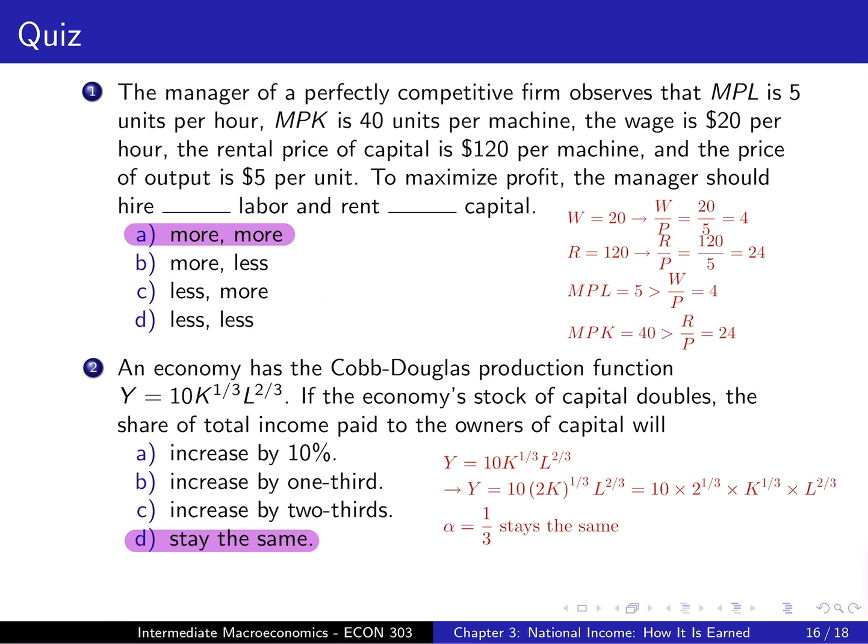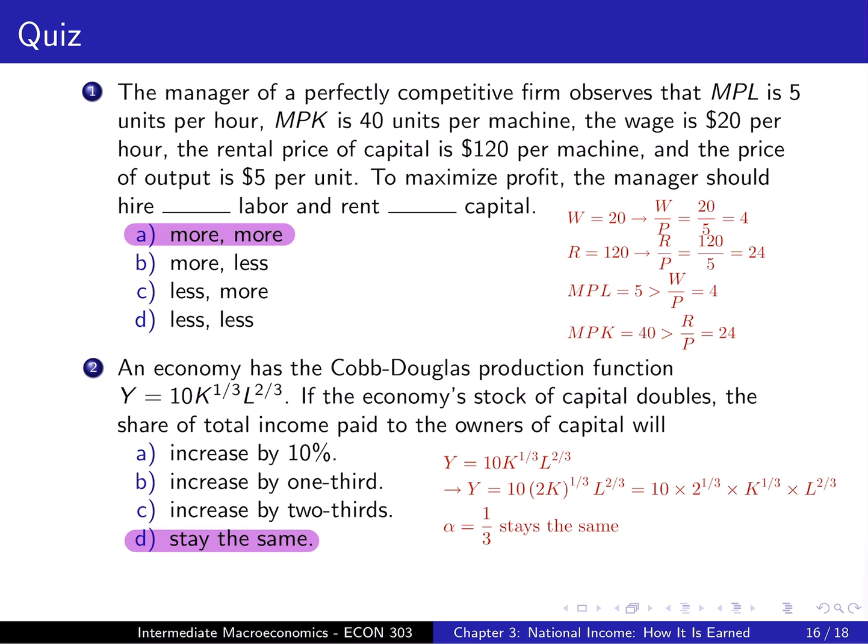Here is how to solve this question. Step 1. Calculate the real input costs. That is, real wage equals W over P equals 20 divided by 5 equals 4. And real rental price equals R over P equals 120 divided by 5 equals 24. Step 2.